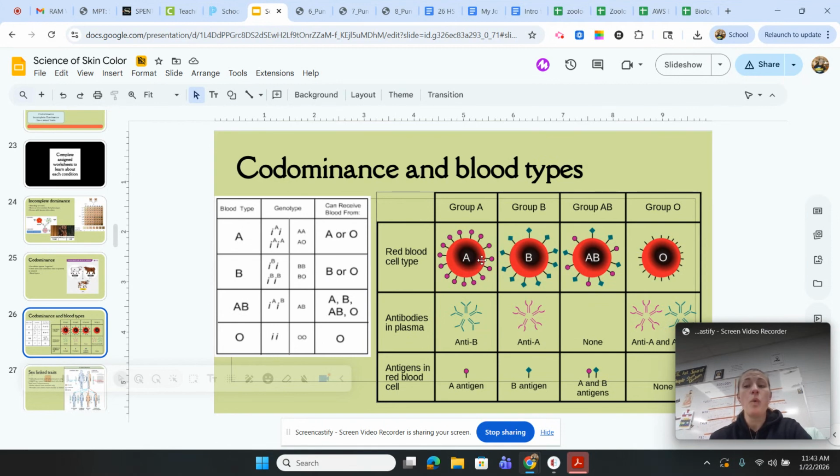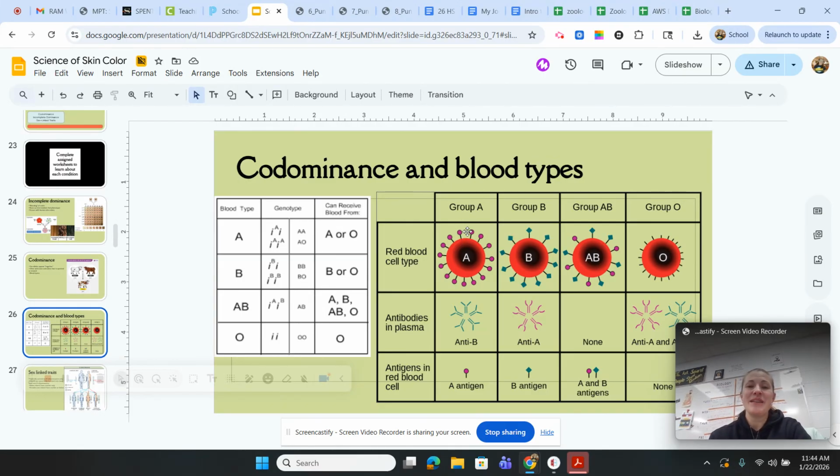What this means is if you have type A, if you notice there are these little circle spike things on your blood, that means they have little name tags that are a protein called immunoglobulin, type A immunoglobulin.